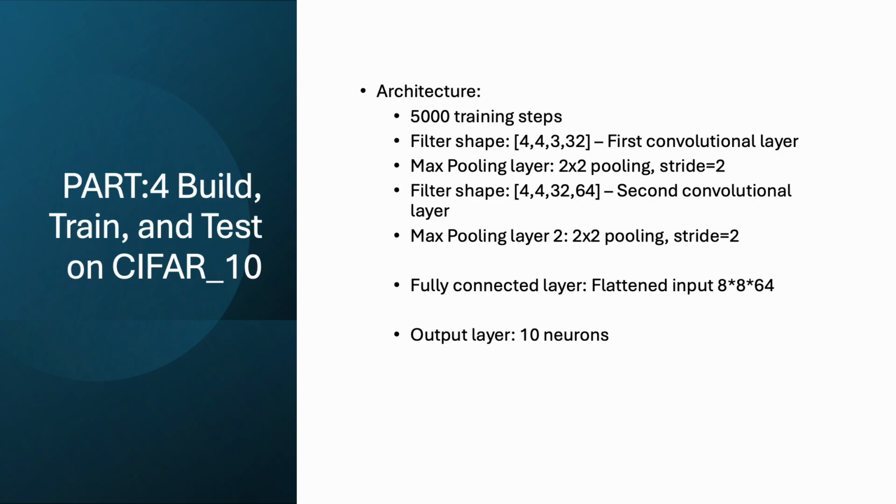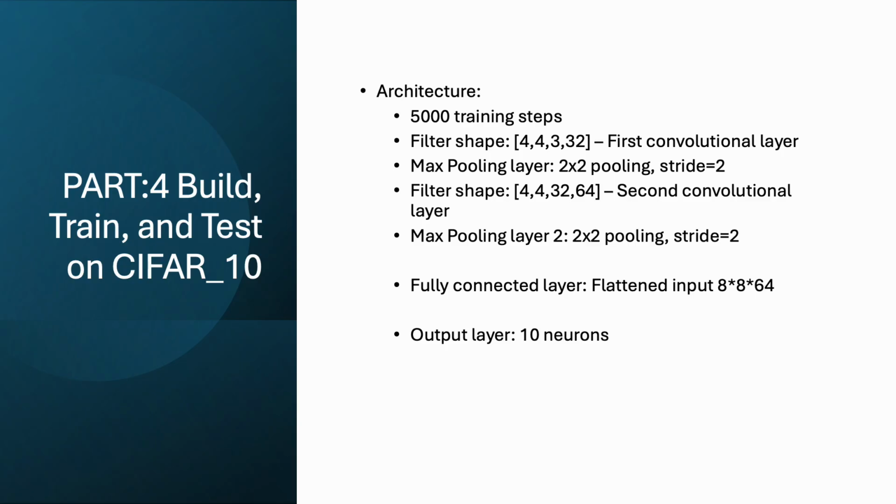Moving on to part 4, building, training, and testing on CIFAR 10. The architecture of this CNN consists of 5,000 steps, a filter shape of 4 by 4 by 3 by 32 for the first convolutional layer, a max pooling layer with 2x2 pooling and a stride of 2.